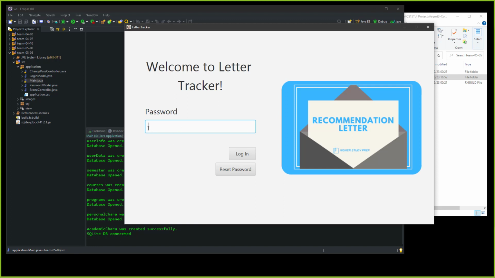And I enter the P. Okay, so it shouldn't show up here. Just hide this. And I go to login. I expect that when I say login, it goes directly to reset password. Let's see. Okay, so it didn't.